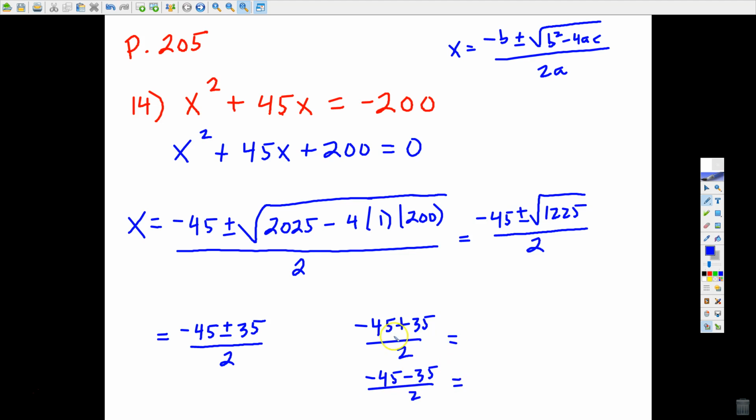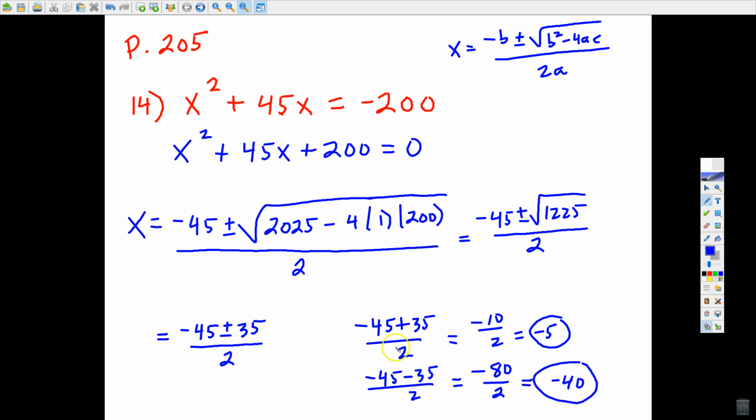Okay, so negative 45 plus 35 is negative 10 divided by 2. That's negative 5. That's one of my solutions. Here I'm going to get negative 80. Negative 45 minus 35 is negative 80 divided by 2, and that's negative 40.